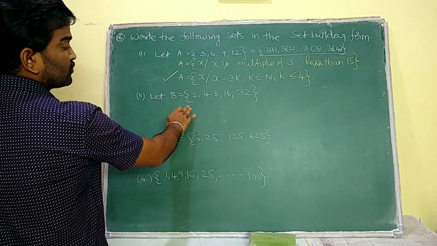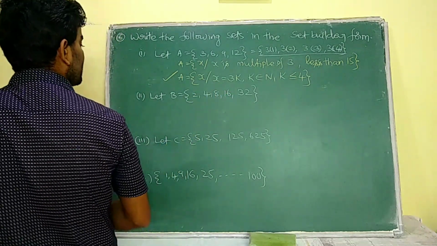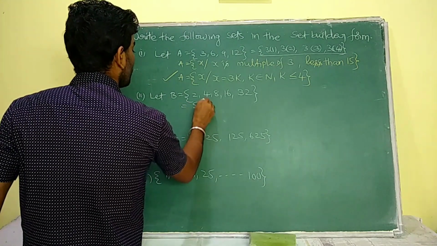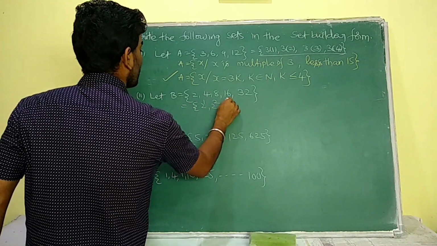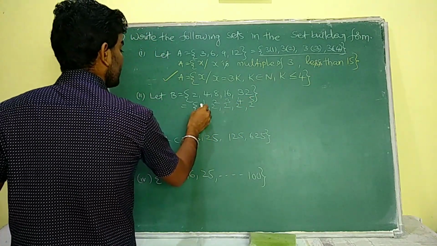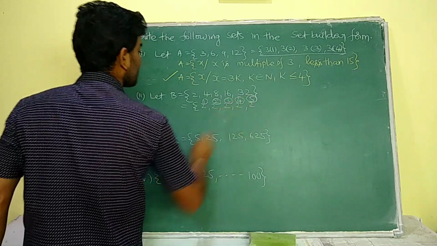Set B is equal to 2, 4, 8, 16, 32. Here I will express that 2, 4, 8, 16, 32 as 2 power 1, 2 square, 2 cube, 2 power of 4, 2 power of 5. Here the changing value is the power and the base is constant.